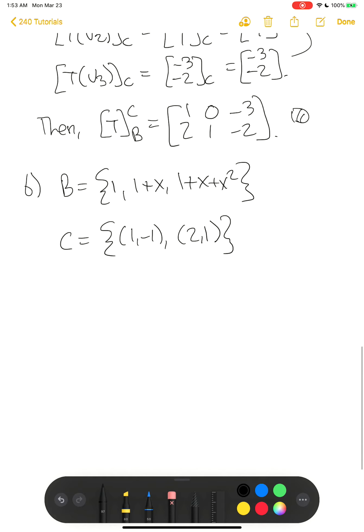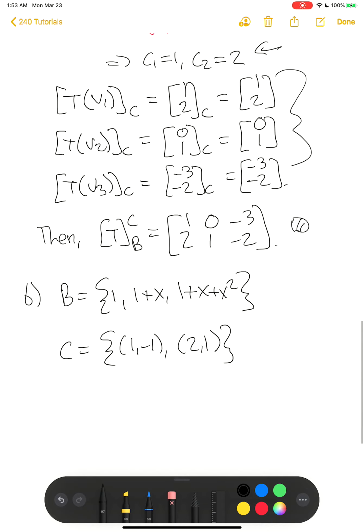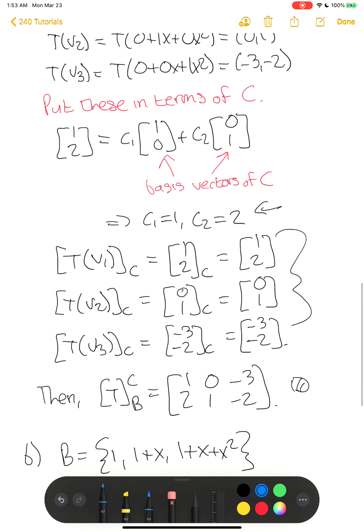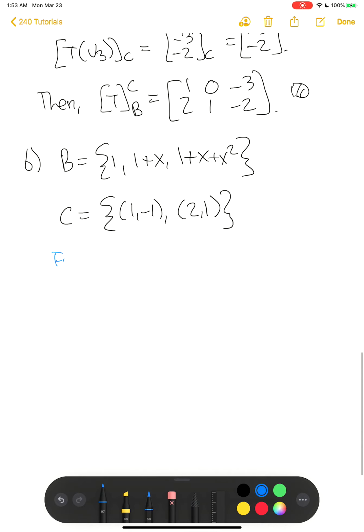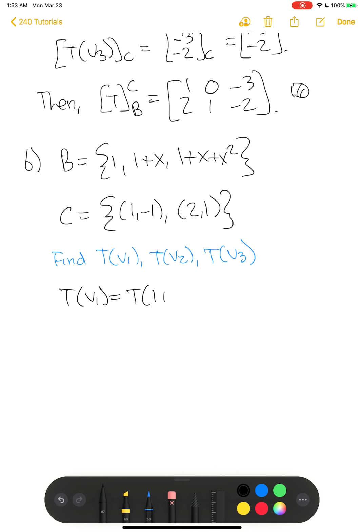So, this is a little more spooky because we don't have the standard basis, but we're going to do the same process. First, we're going to find T of V1, T of V2, and T of V3. So we just send them through. T of V1 is equal to T of 1 plus 0x plus 0x squared. I'm writing this out to be very thorough, and it's just what we got in the first case, 1, 2.